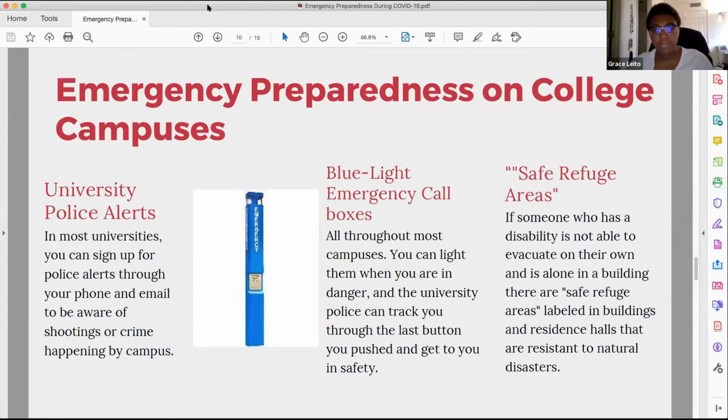And what will happen is as they push the different call boxes, the university police can follow them. And it's just really useful, and it's actually helped a lot of people get out of dangerous situations.